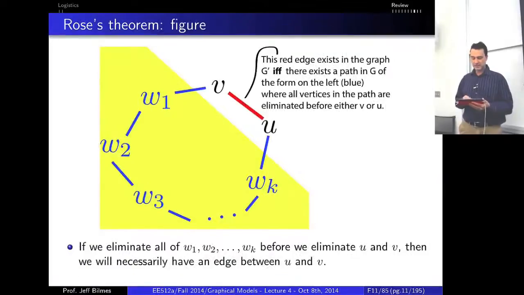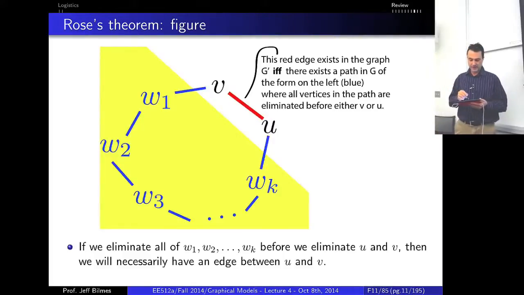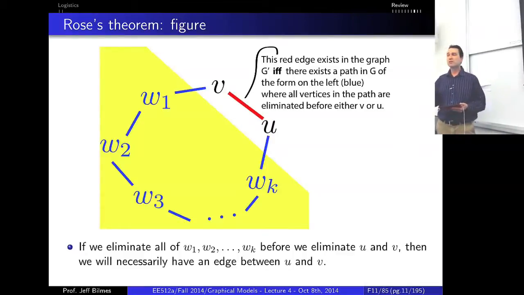And I thought I should have done this figure last time. But basically, Rose's entanglement theorem can be stated in the following way. So let's say you're looking at V and U. So you're looking at this edge here. Basically, what it's saying is that the red edge exists in the graph G prime. So G prime, remember, is the reconstituted graph.